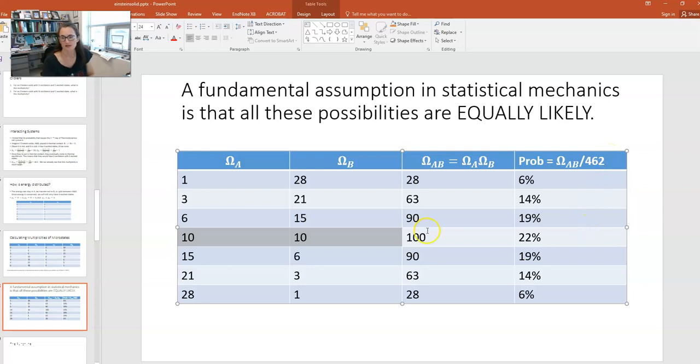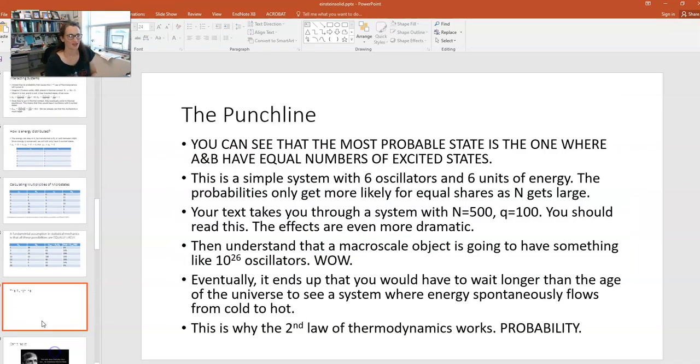This means that you've got probabilities up 6%, 14%, 19%, 22%, and then going back down, right? So the highest probability state is the one where the excited states are equally shared in between oscillators A and B. Okay? So, my punchline is, you can see that the most probable state is the one where A and B have equal numbers of excited states.